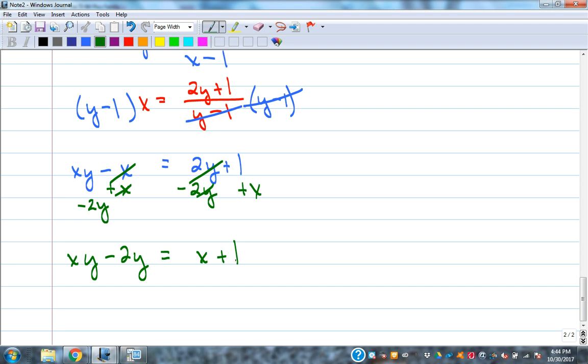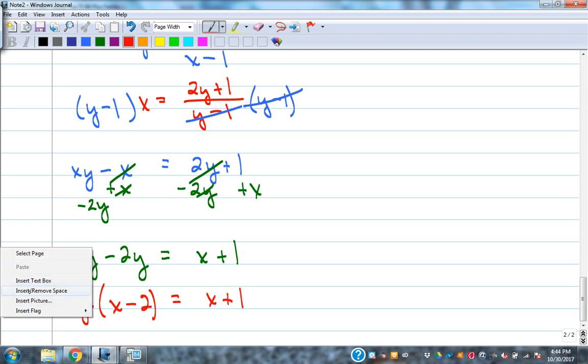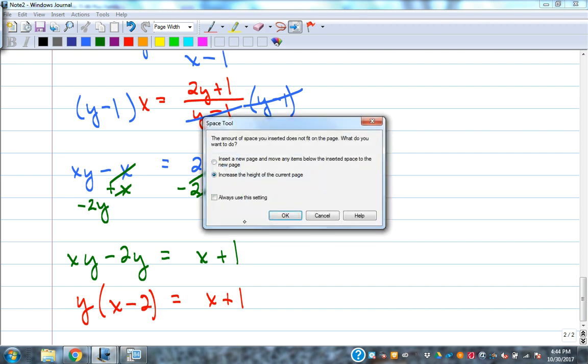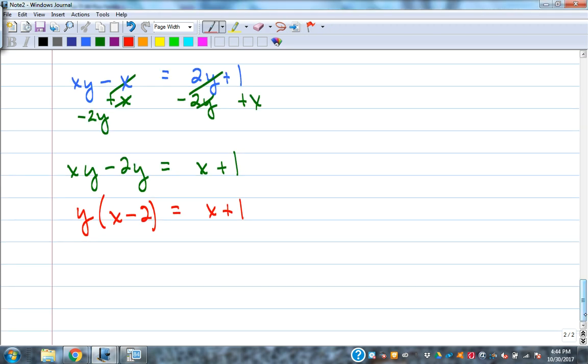Now, what do both of those have? Y. So that's a common factor between those. We think about factoring with greatest common factor. We could pull a y out to the front and leave x minus 2 in there. And now, what's going on between y and those parentheses?